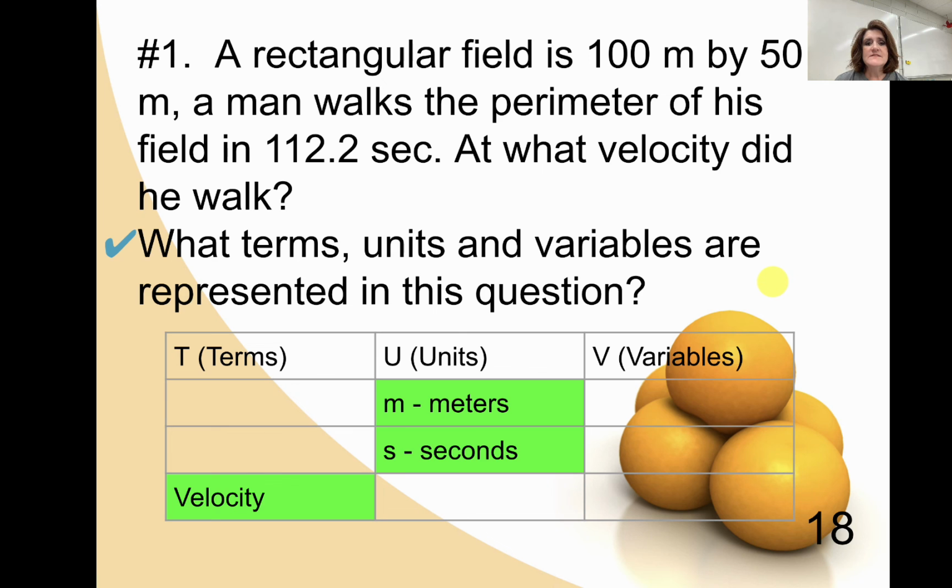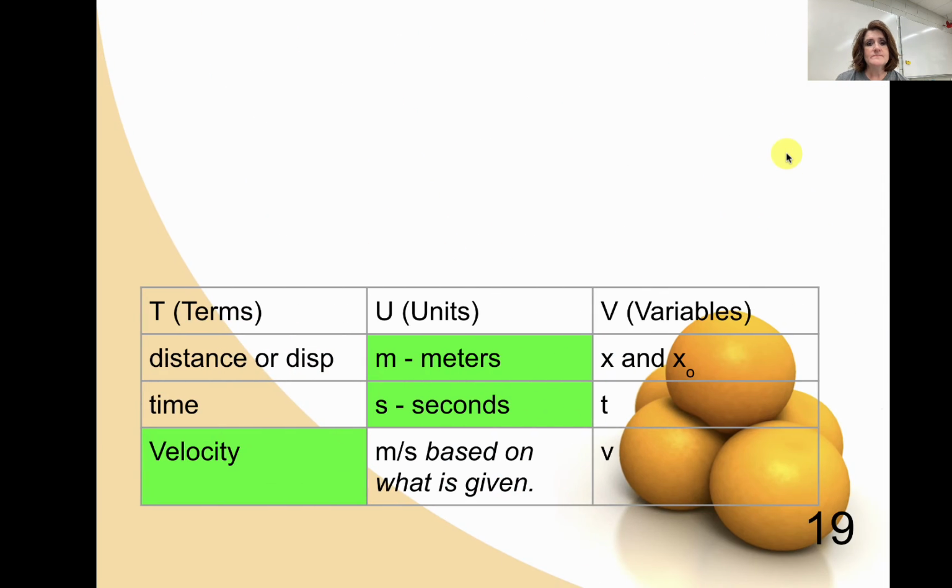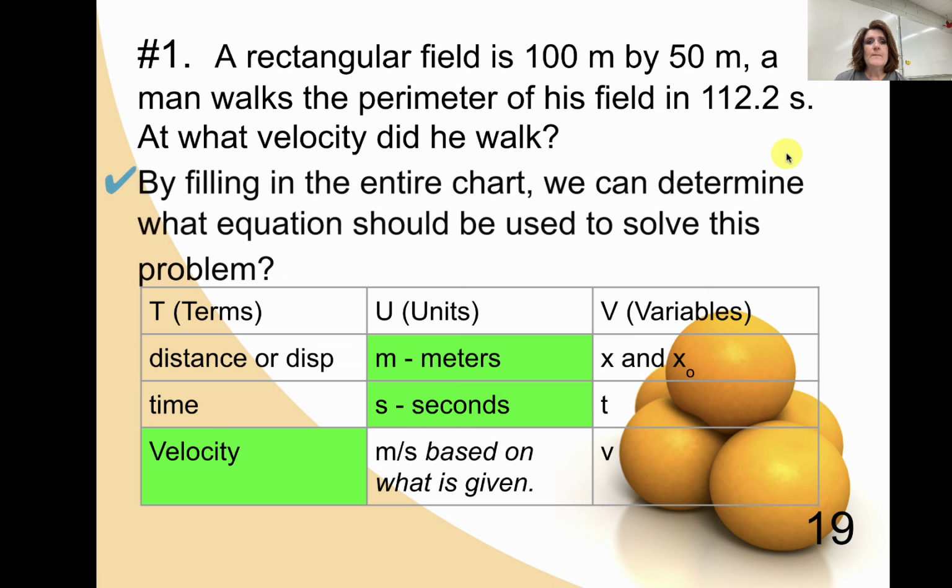So this is a chart where you'll notice that we're given m is meters, s or sec is seconds, and we're given the term velocity. So by filling in the rest of the chart, you can determine what equation should be used in order to solve the problem.